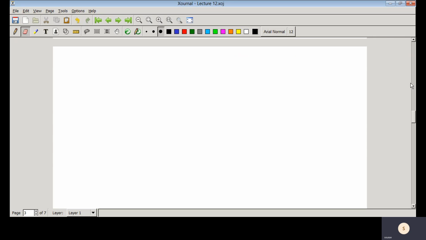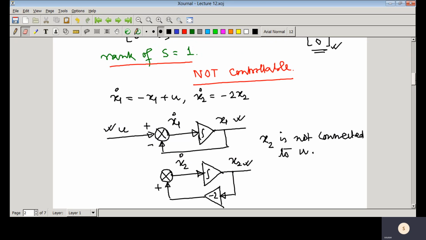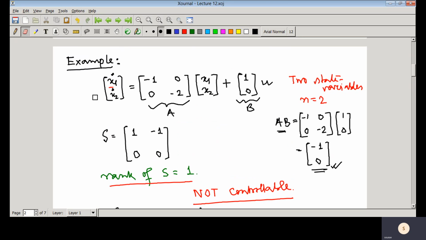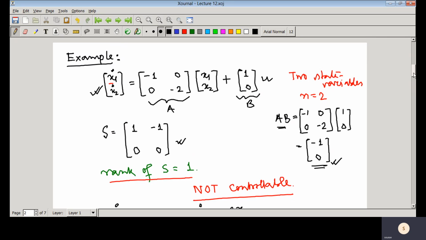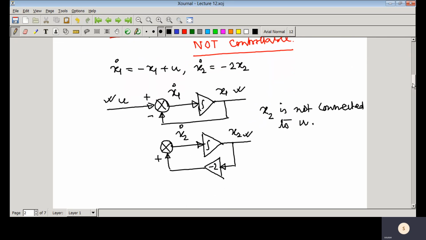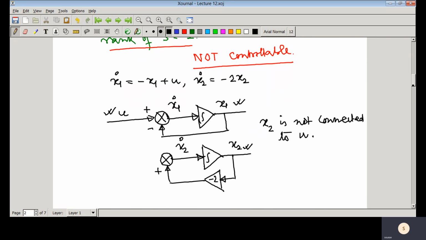That means controllability is actually a structural property. And from this structure you can understand, if you have a state space description like this, then applying the mathematical testing criteria, you can directly say that as the rank is equal to 1, not 2, because two state variables are there, it is not controllable. The same thing you can also understand if you draw the state diagram.